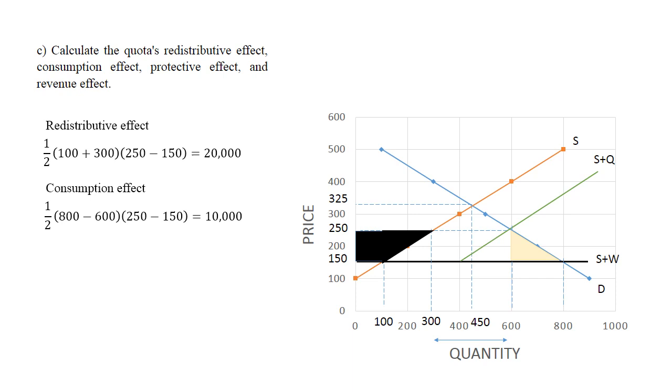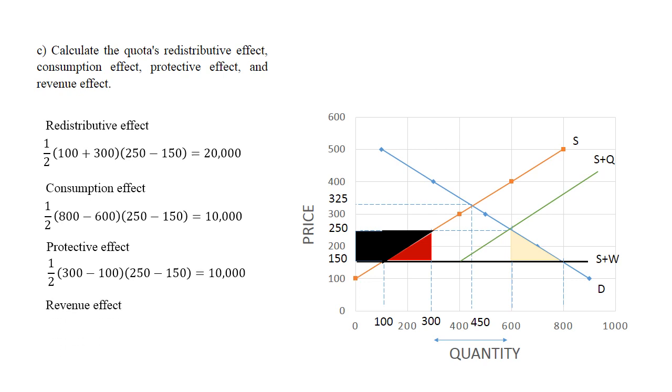Then you want to find the protective effect, so you have to determine which area shows it. This is the area of the protective effect. To calculate it, 1 over 2 times 300 minus 100 times 250 minus 150, then you will get 10,000 also. Then the last one is the revenue effect.